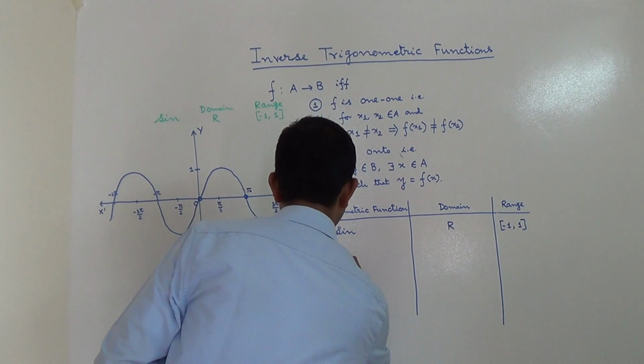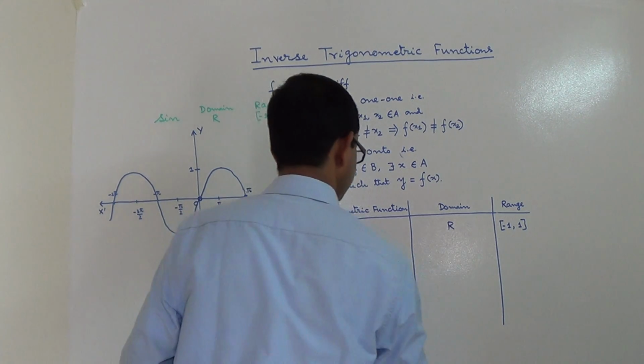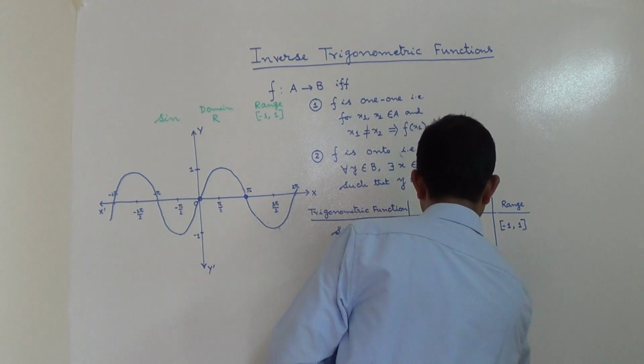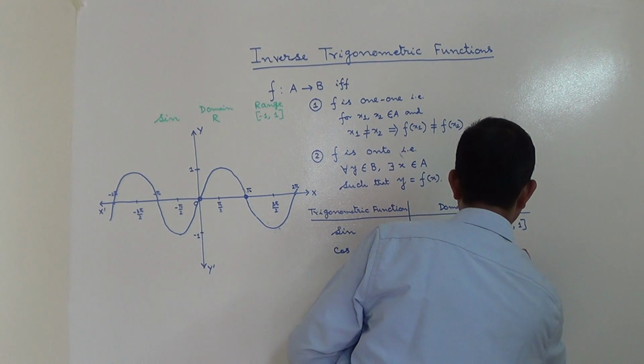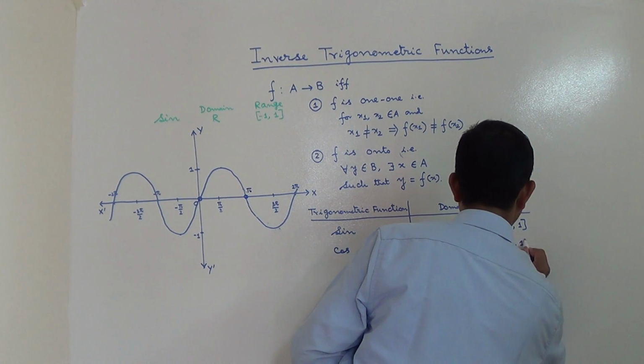The similar thing is true for cos. The domain is the set of real numbers, and the range is the closed interval -1 to 1.